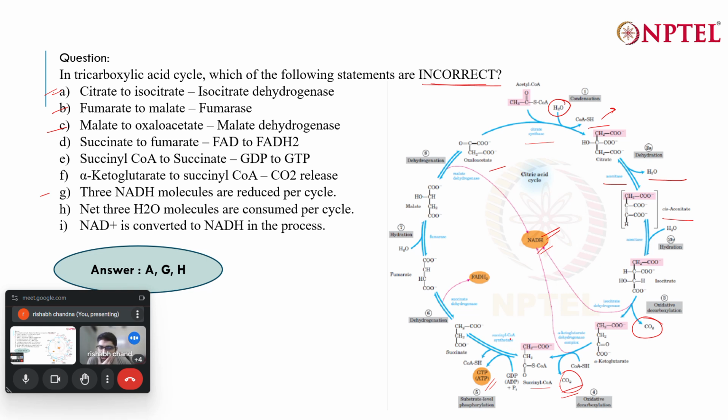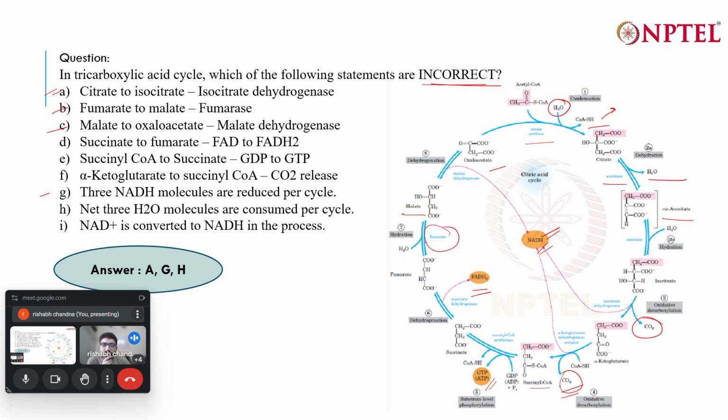Then this succinate molecule is converted to fumarate by the enzyme succinate dehydrogenase, and this yields a molecule of FADH2. Then this fumarate is converted to malate by the enzyme fumarase, and another molecule of water is involved in the reaction.